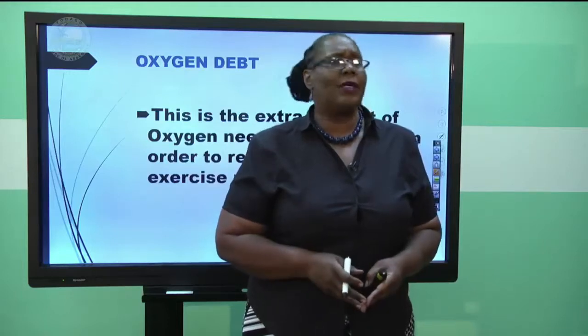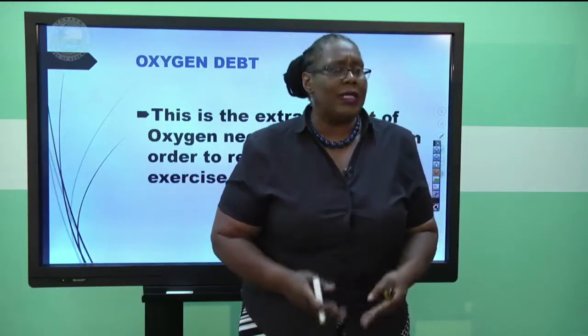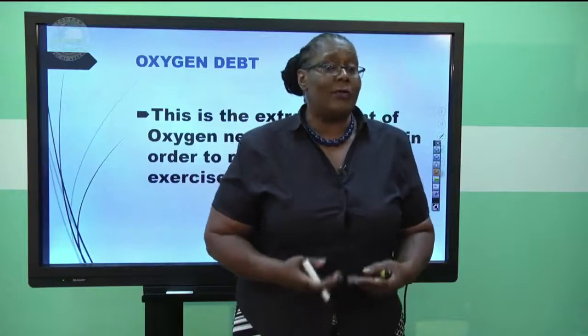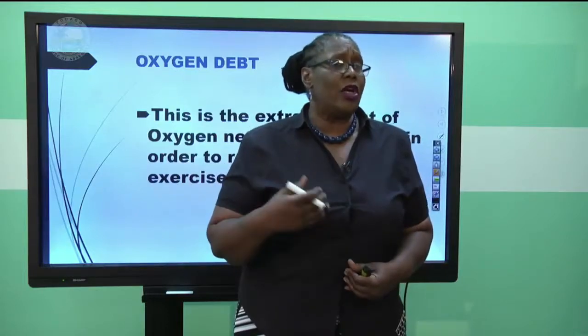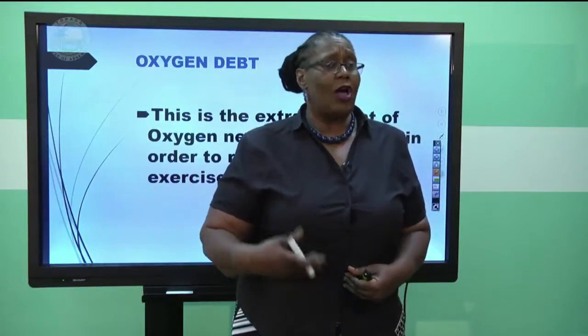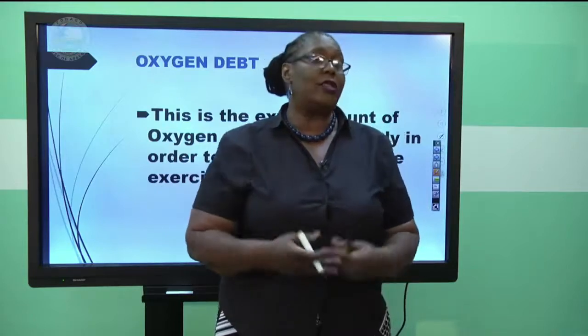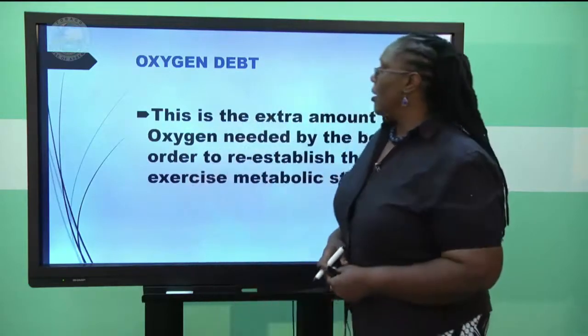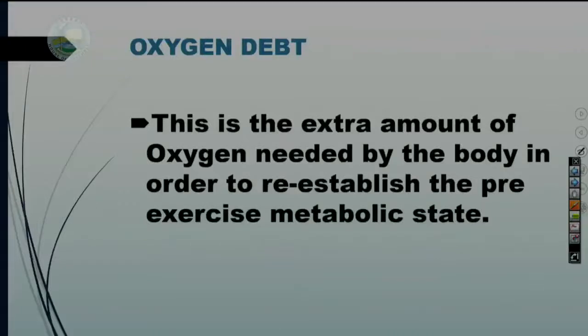That happens in animal cells. So when you are breathing in and taking your deep breaths, that is what we call the oxygen debt. The oxygen literally that was owed to the process to break down the lactate.